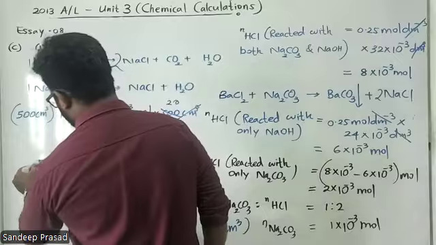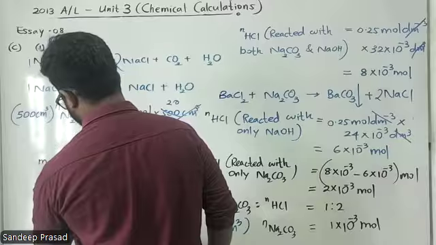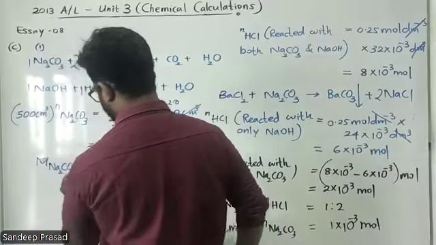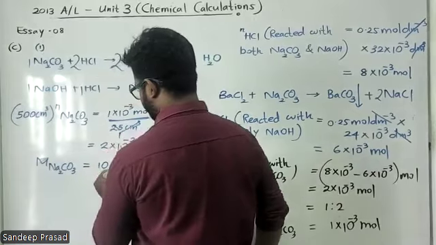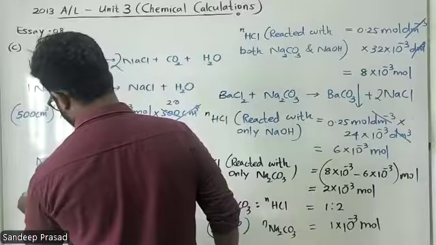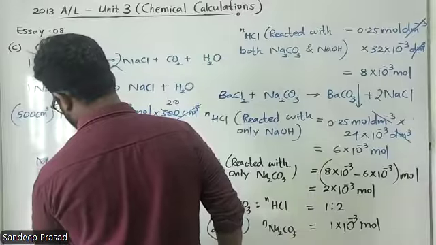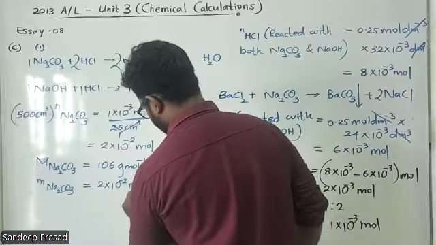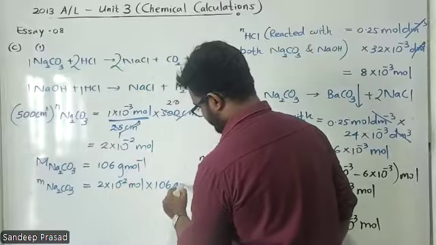Then we can say the mass of sodium carbonate. Before that, the molar mass of sodium carbonate, 106 grams per mole, right? Then the mass of sodium carbonate is the number of moles, 2 into 10 to the power minus 2 moles, multiplied by 106 grams per mole.